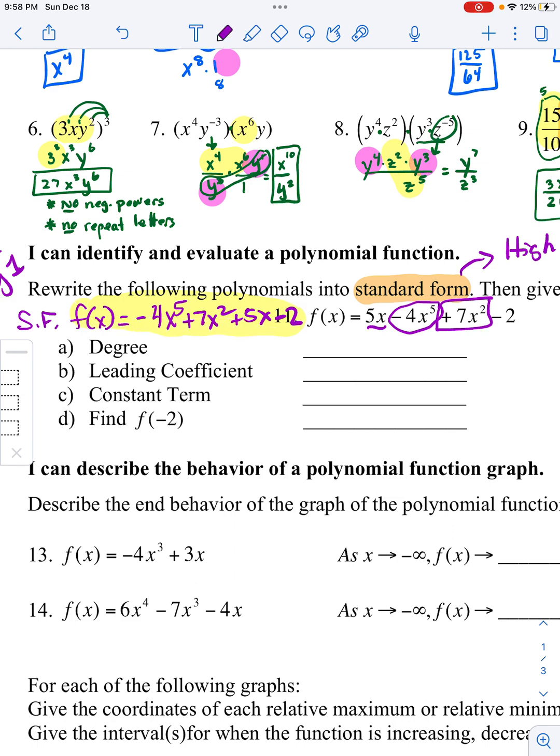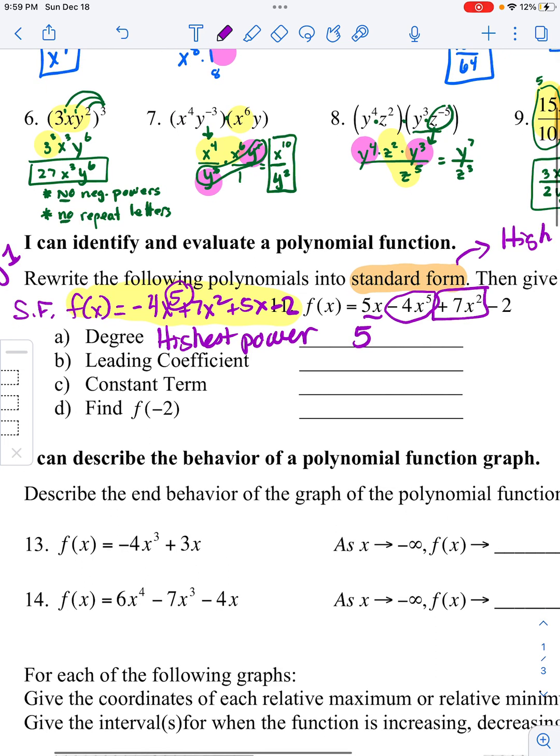Now degree is just your highest power. And so once it's in standard form, it should be that degree or that power of the first term. So in this case, it's a 5. That's going to play into end behavior. We only pay attention to whether it's even or odd. It's not asking us that.